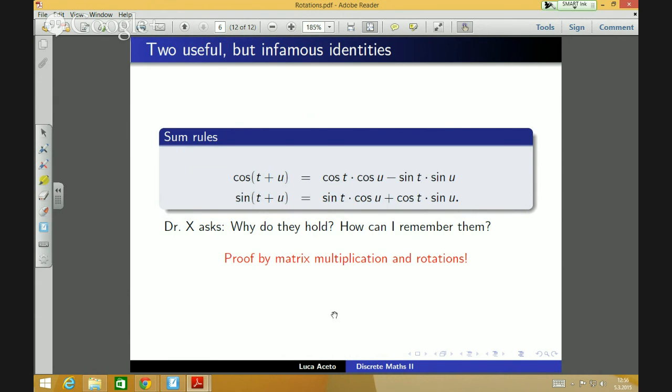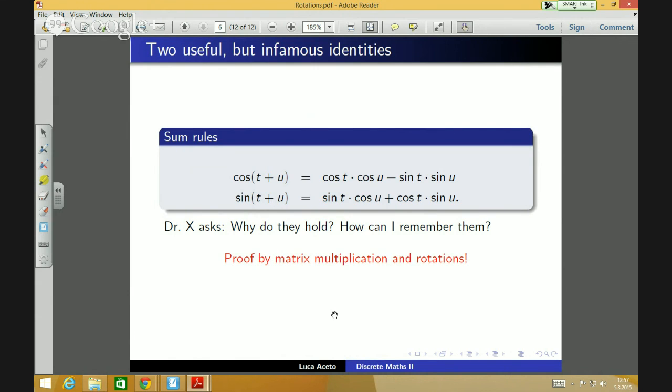Okay, so what these identities are telling you is that you can rotate by t plus u degrees by first rotating by t and then rotating by u, or the other way around. Any doubts about this? Okay, again, remember Luke Skywalker. Thou shalt not underestimate the power of knowing your definitions.